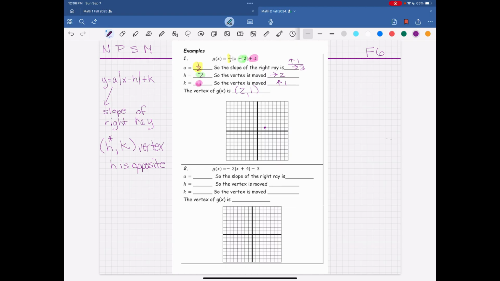From there, you are going to count your slope. 1/3 means to go up 1, right 1, 2, 3. I can add another point, up 1, right 1, 2, 3. And this is my right ray. Now, your left ray is symmetrical along that axis of symmetry, which if you recall, is the line x equals 2, and that's that vertical line through the center of your absolute value.